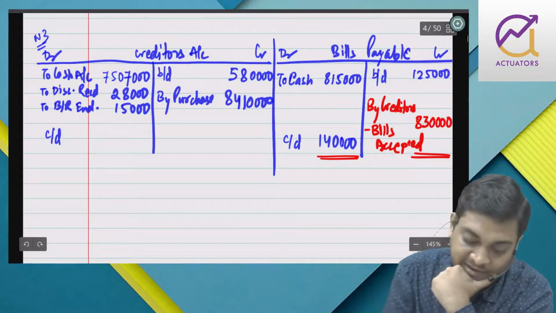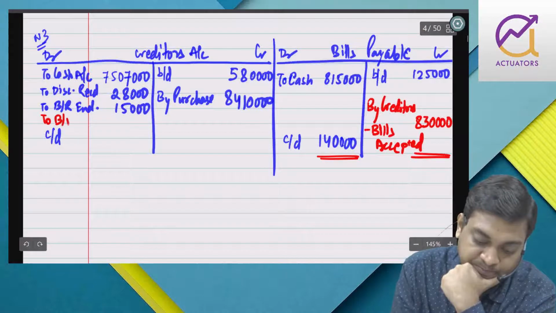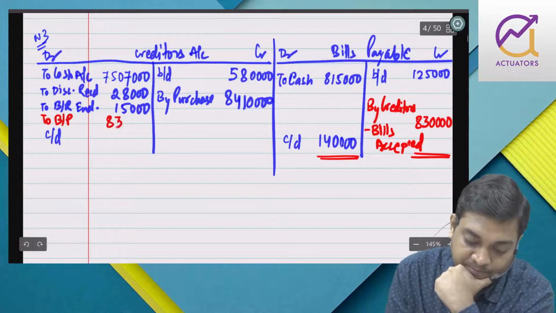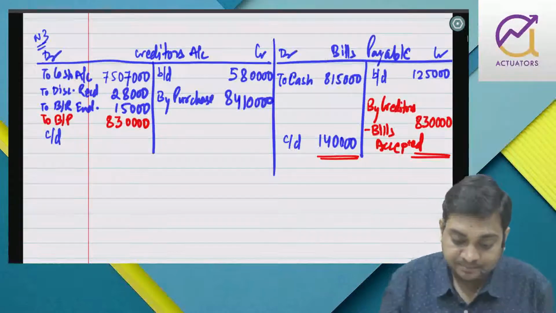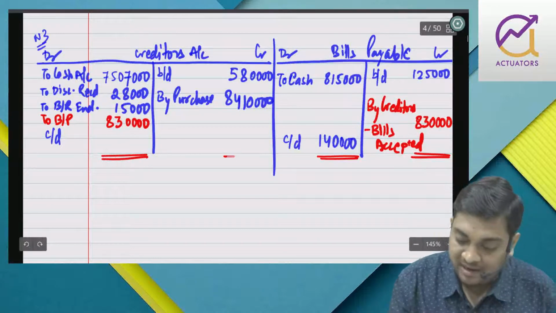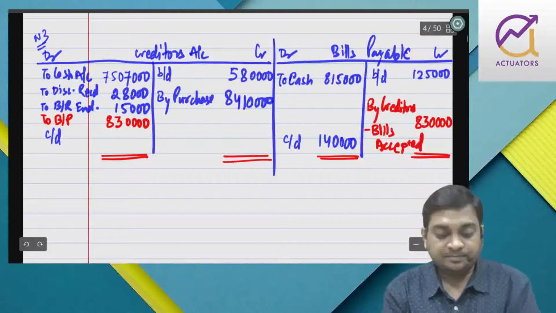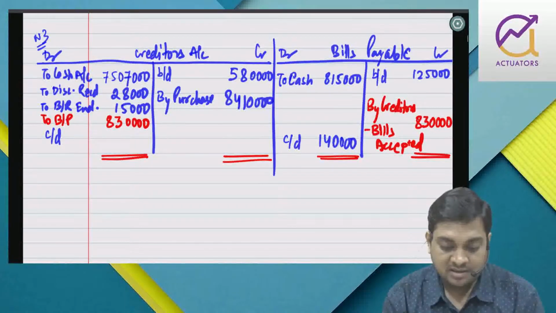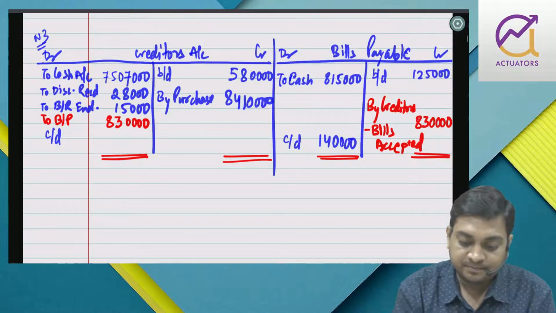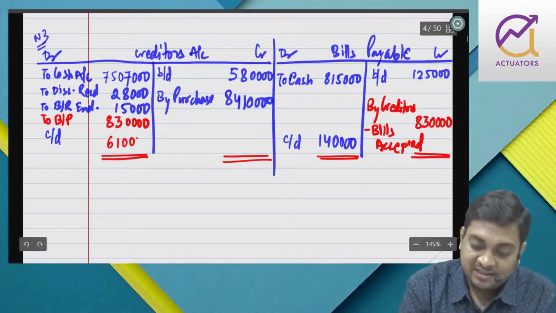This 8 lakh 30 I'll post here to bills payable. So this was endorsed and this is freshly accepted. So automatically I'll get the closing creditor. It's 5 lakh 80 plus 84 lakh 10,000 minus 75 lakh 7,000 minus 28 minus 15 minus 8 lakh 30. See, I got 6 lakh 10.